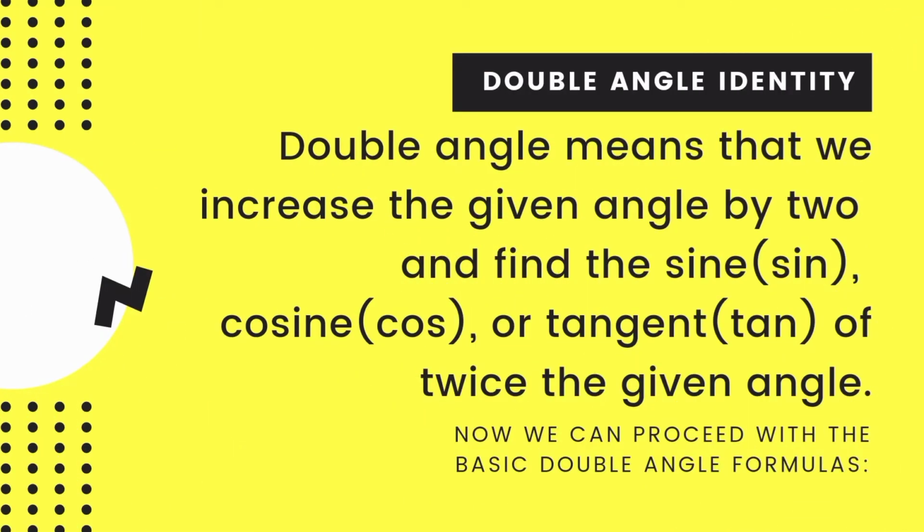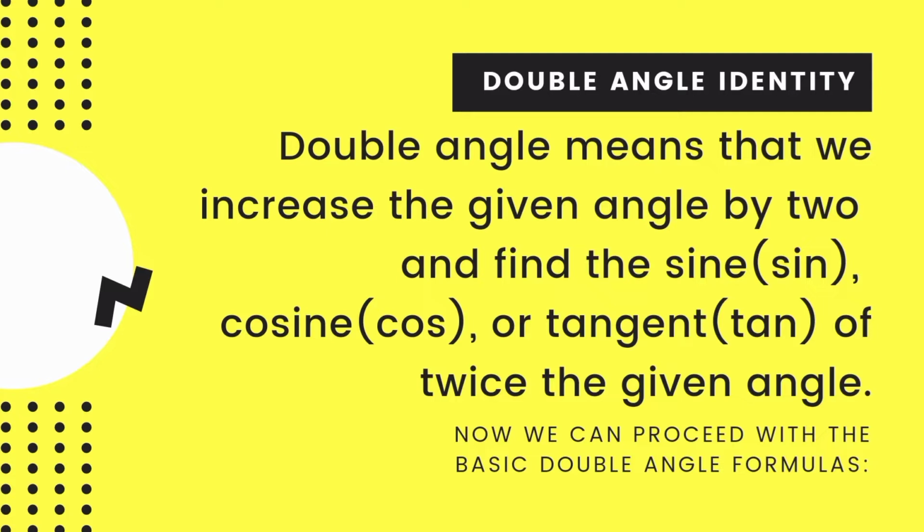So, what is double angle identity? Double angle means that we increase the given angle by 2 and find the sine, cosine, or tangent, most commonly known as sin cos tan of twice the given angle.